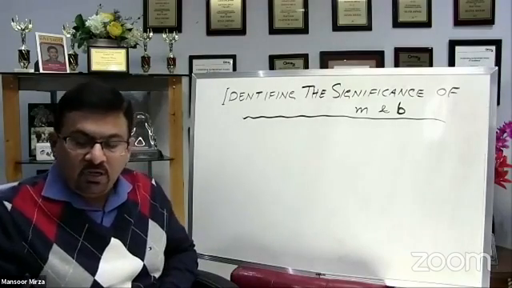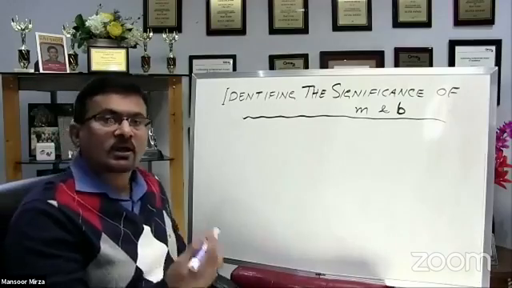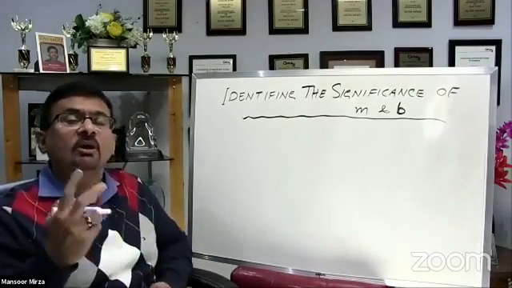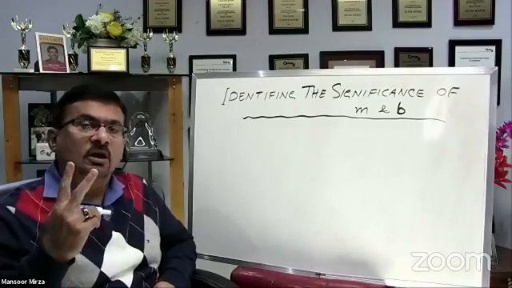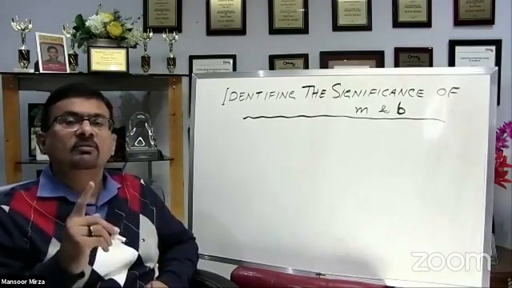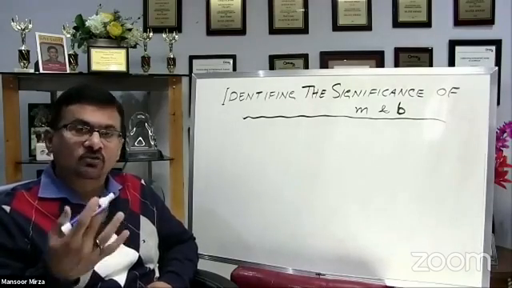I will be revising the formula for finding the value of m, which is the slope, when you have two points given which should be right on the same line. Then only we can find the value of m, the slope of a particular line.